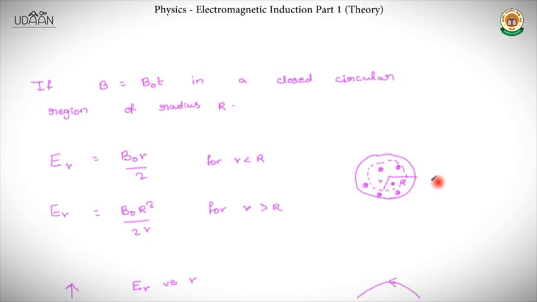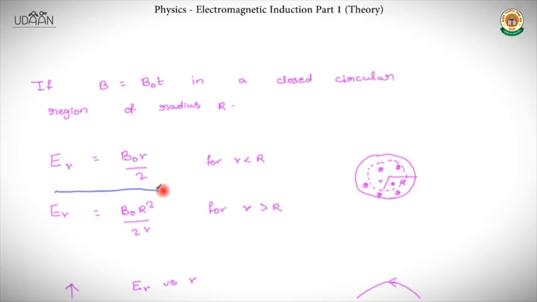And if we consider a closed loop which consists of the magnetic field B changing at the rate of B naught into t, and we consider that there is no magnetic field outside this region, inside the region the induced electric field would be B naught r by 2.